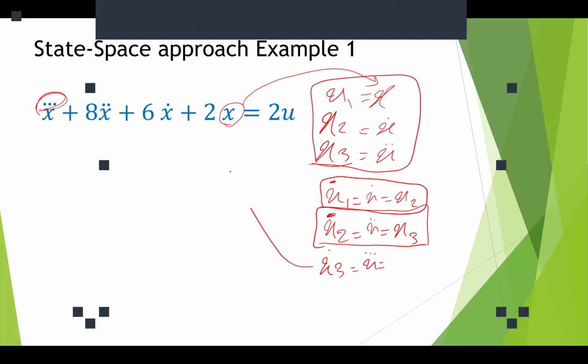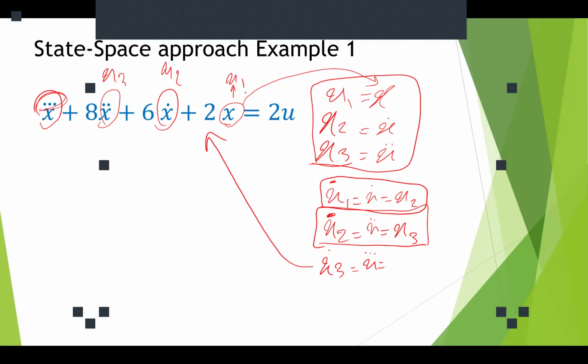We are going to go back to the original equation. Here, we have the third-order derivative of x. And we know that x double dot is going to be x3, x dot is our x2, and x is our x1. See? Now the third derivative is a linear combination of our state variables.